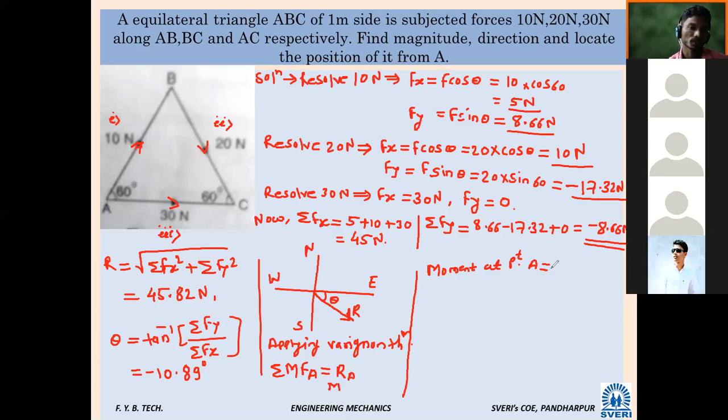Suppose this force acts at point C. There will be a vertical component, Fy, and a horizontal component, Fx. Which component will pass through point A for the 20 Newton force?